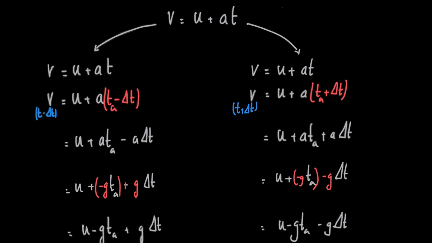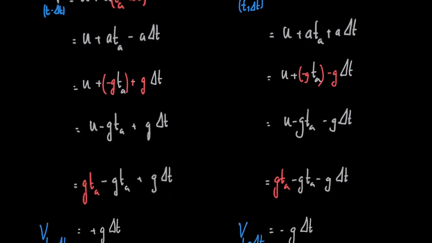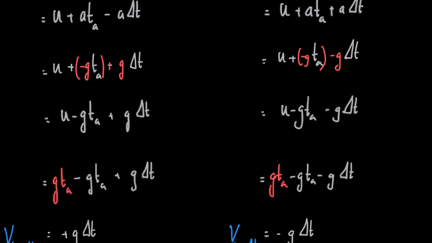A is minus G. So A into TA minus delta T is ATA minus A delta T, which is minus GTA plus G delta T. And A into TA plus delta T is ATA plus A delta T, which is minus GTA minus G delta T. So we have U minus GTA in both cases. So the only difference is plus G delta T and minus G delta T.